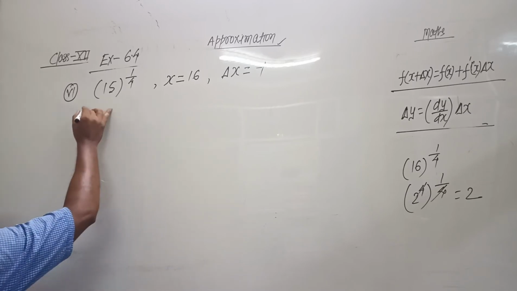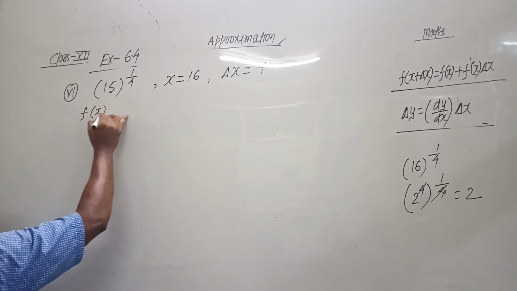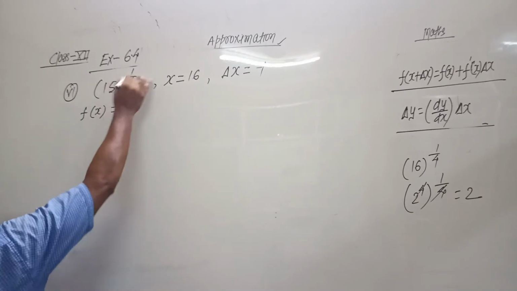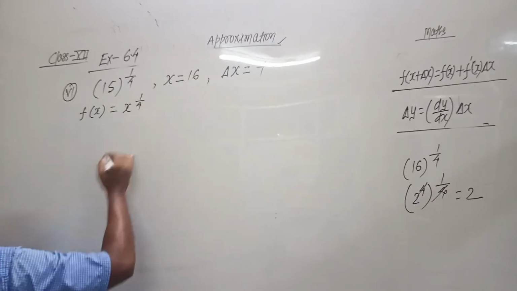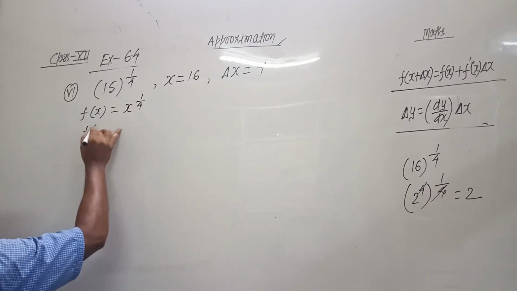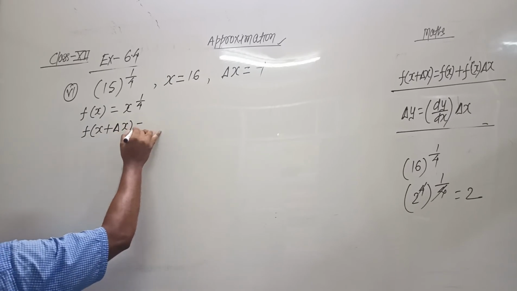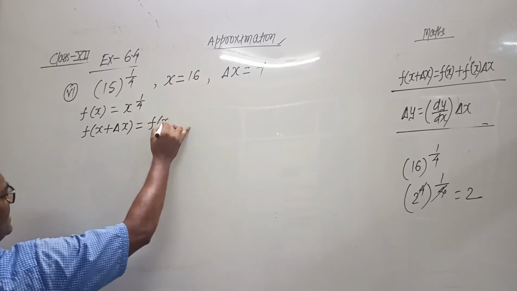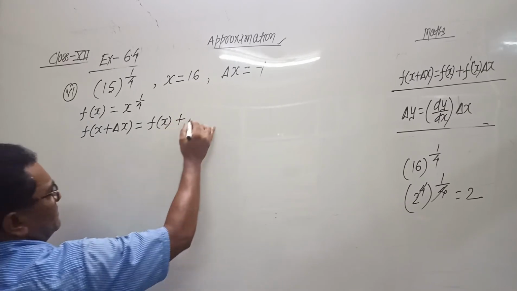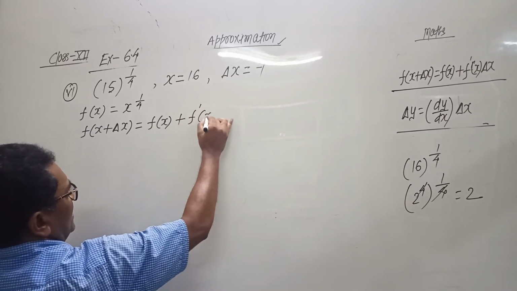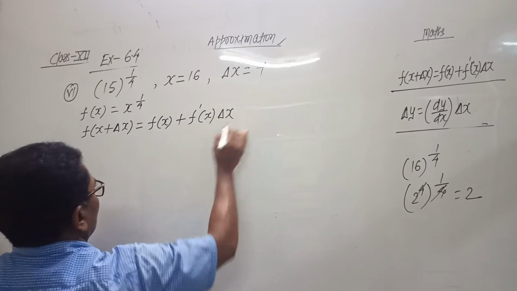Now we assume the function f of x equals x raised to the power 1 by 4. Then write the formula: f of x plus delta x equals f of x plus f dash of x into delta x.